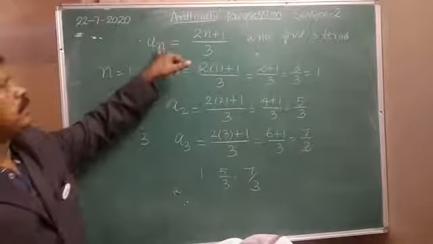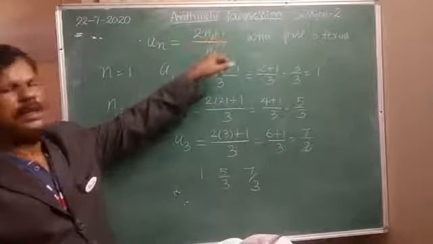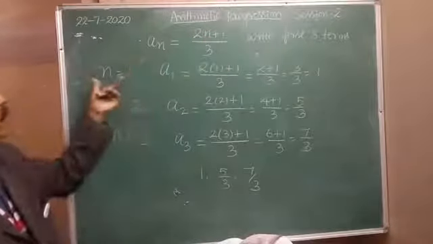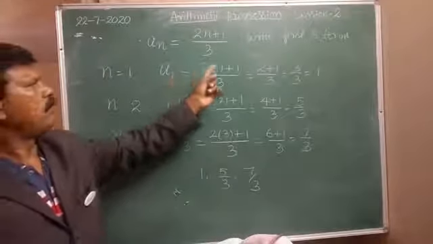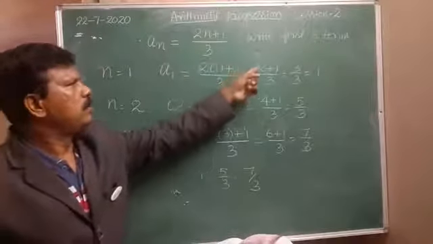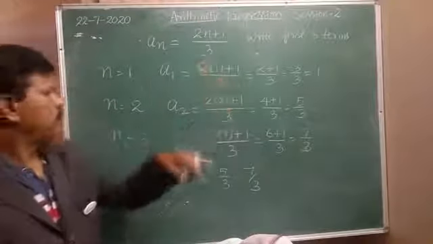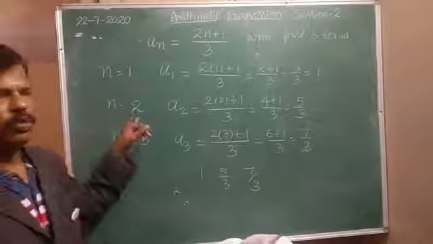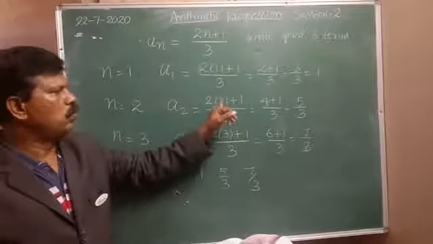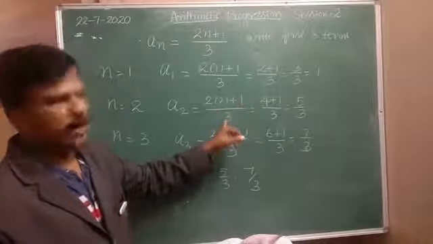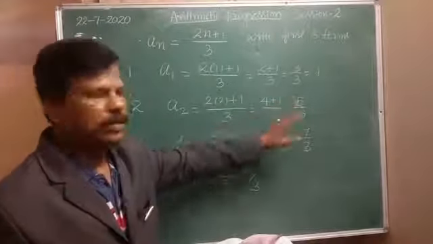Look at this. The nth term is described by (2n plus 1) by 3. Then the three terms: first term is a1, 2 of 1 plus 1, 2 ones are 2 plus 1 by 3, 3 by 3 is 1. Then n is 2: a2, that means the second term, 2 of 2 plus 1 by 3, that is 2 twos are 4 plus 1 by 3, 5 by 3.